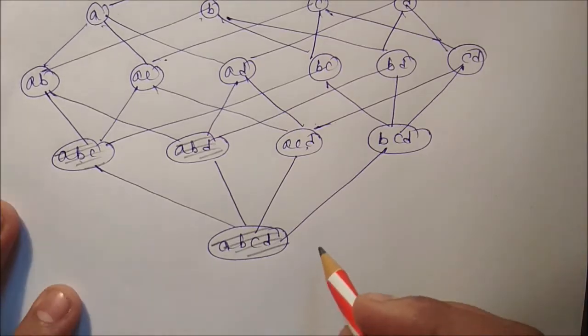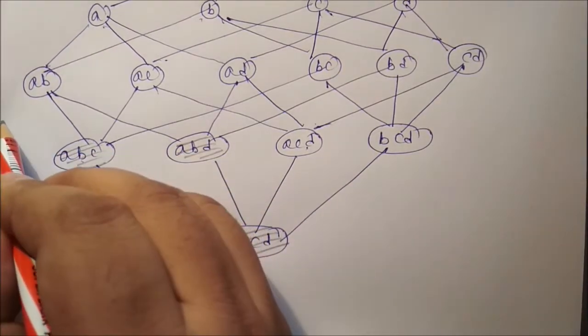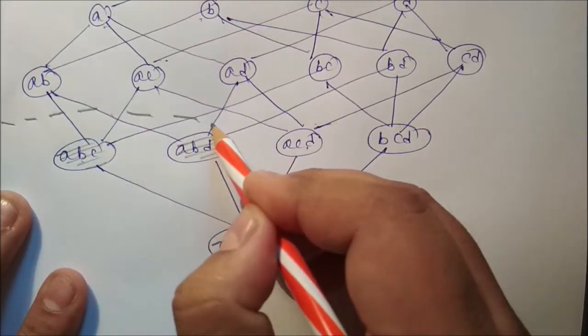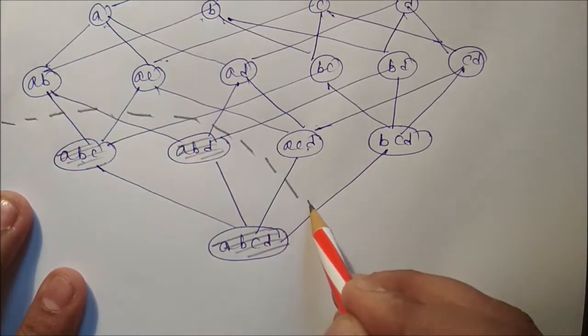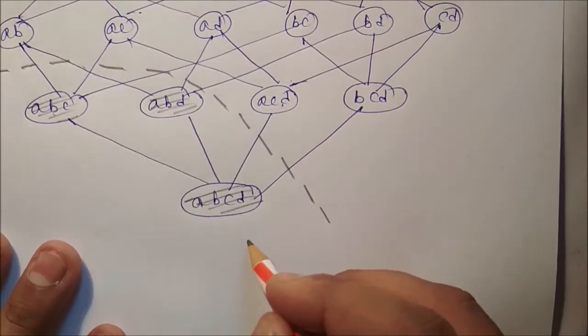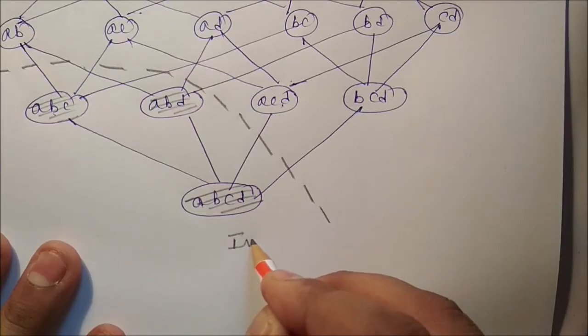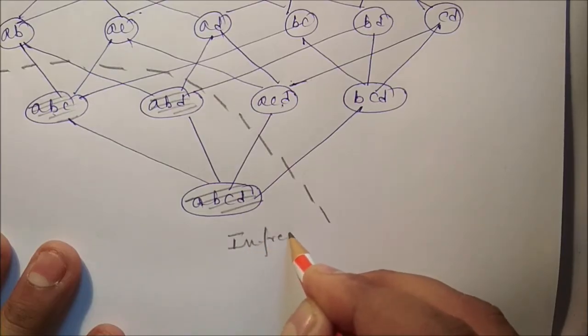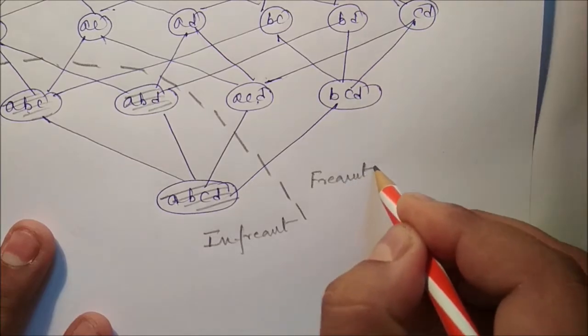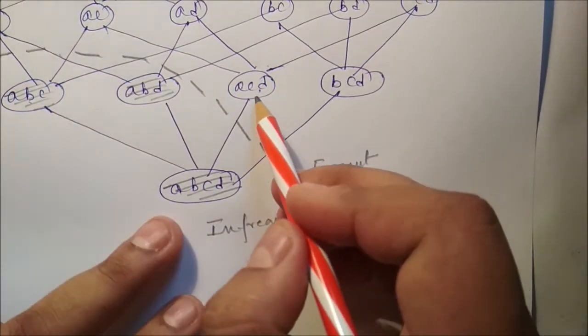That means we can draw a border and divide it into two parts. This part is the infrequent region. What is the immediate superset of ACD?